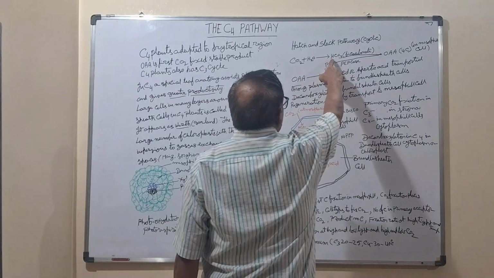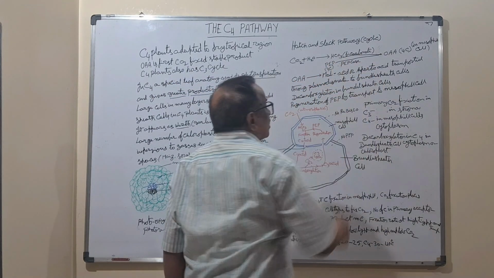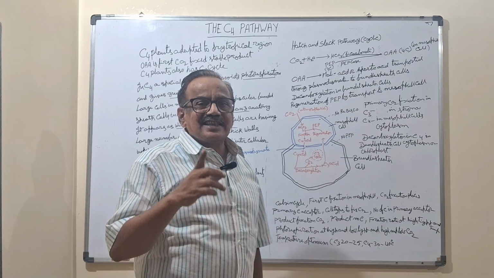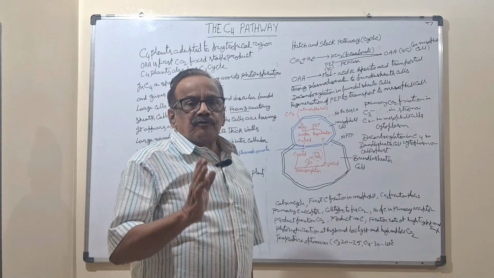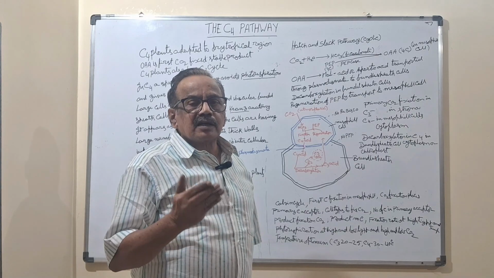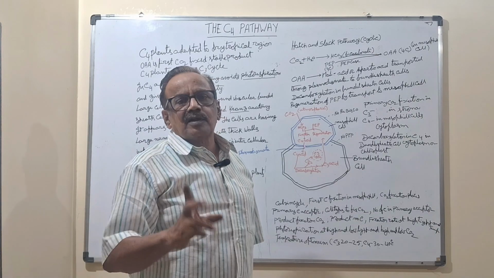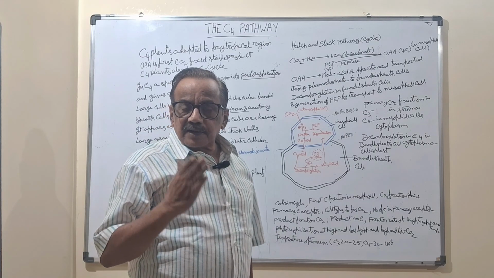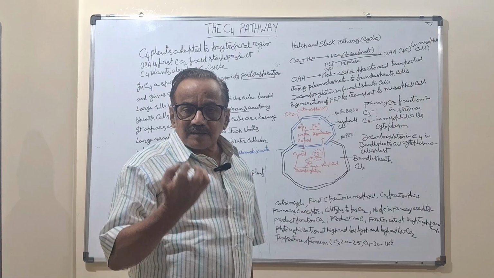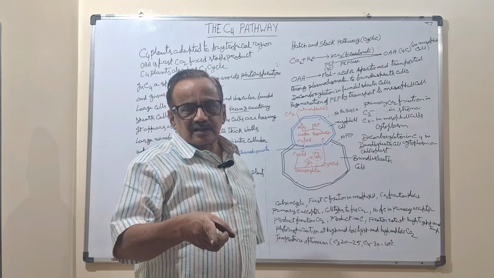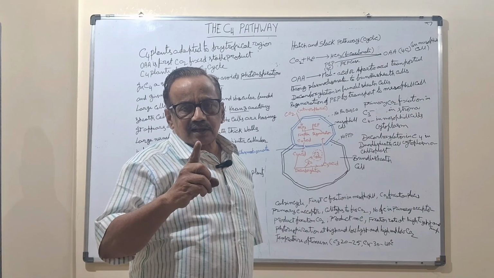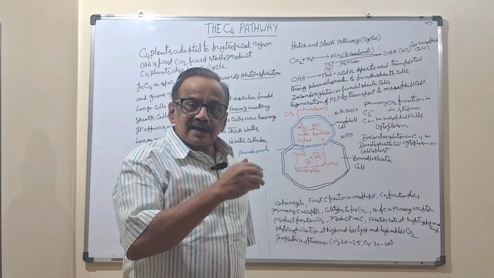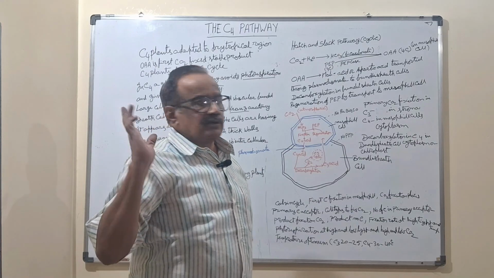It will take the bicarbonate and form oxaloacetic acid, which is a 4 carbon compound. The formation of oxaloacetic acid will be in the cytoplasm, and the primary acceptor is present in the cytoplasm. Remember all the points. These are the important things, but indirectly it is told in our textbook.